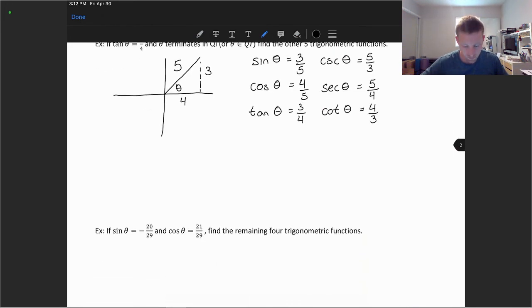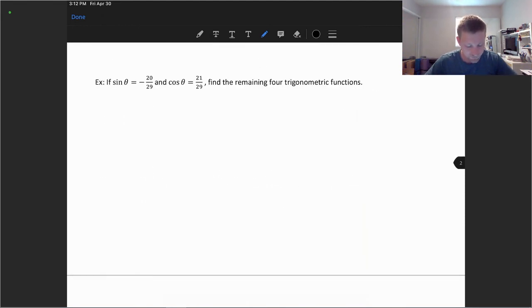We can take a look at a second problem like this. We're given the sine function and the cosine function here, and we'd like to solve for the rest of the trigonometric functions. So here, if I'm given the sine and the cosine to start with, one way I can go about this is just using my ratios. I know that the tangent of theta is equal to the sine over the cosine.